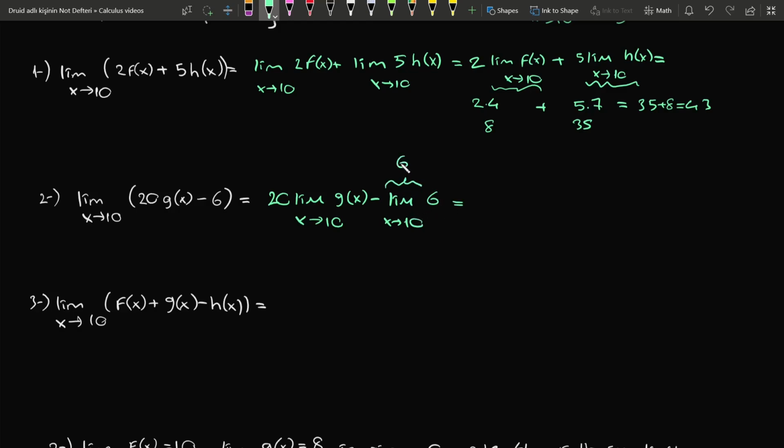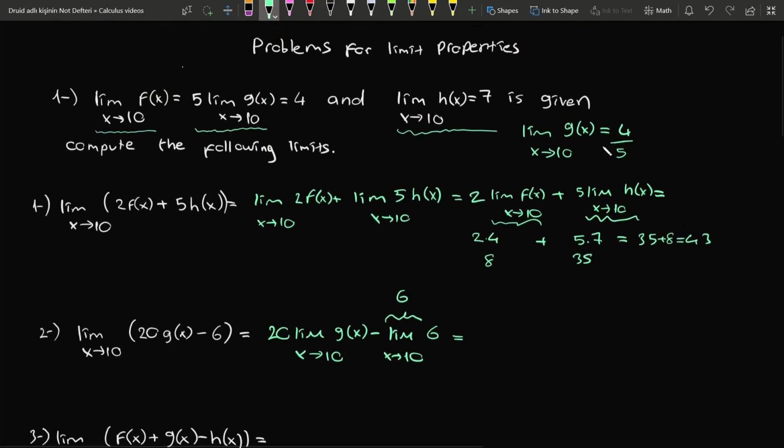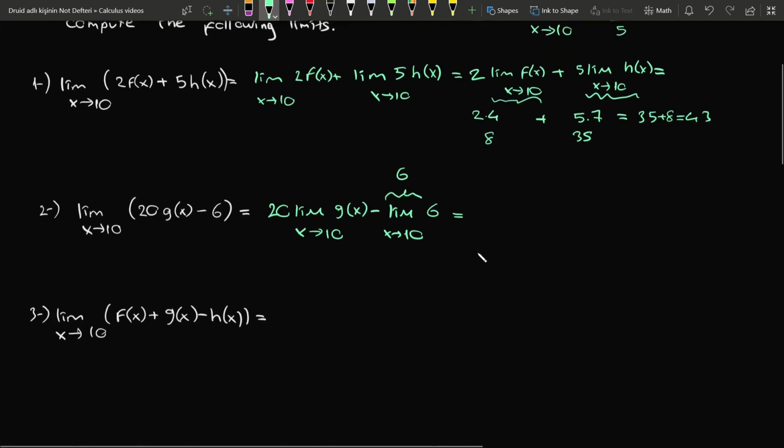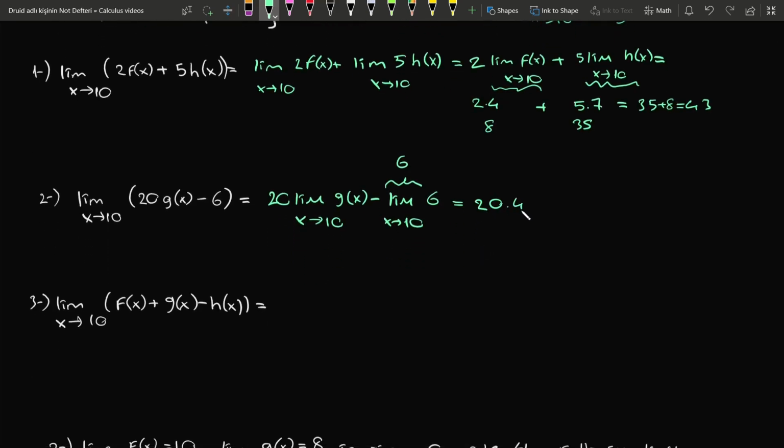This part is clearly equal to 6. But what is this part? What is the limit of g(x)? That's the question we have. The limit of g(x) is 4 over 5. So 20 times 4 over 5 minus 6 is equal to these. The 5 will cancel out, 16 minus 6, which is going to be 10.